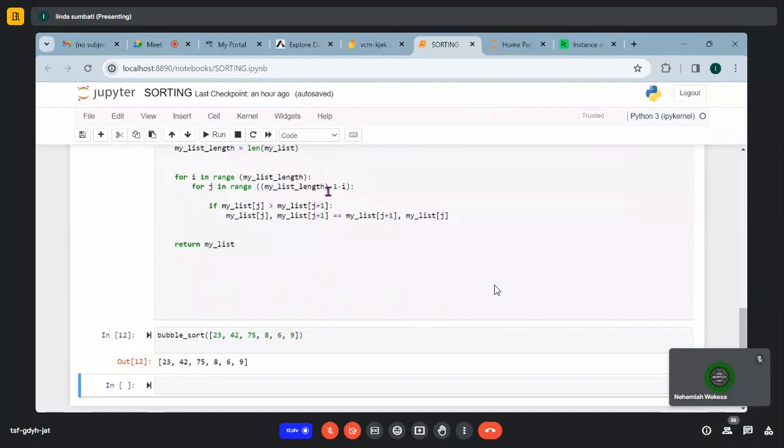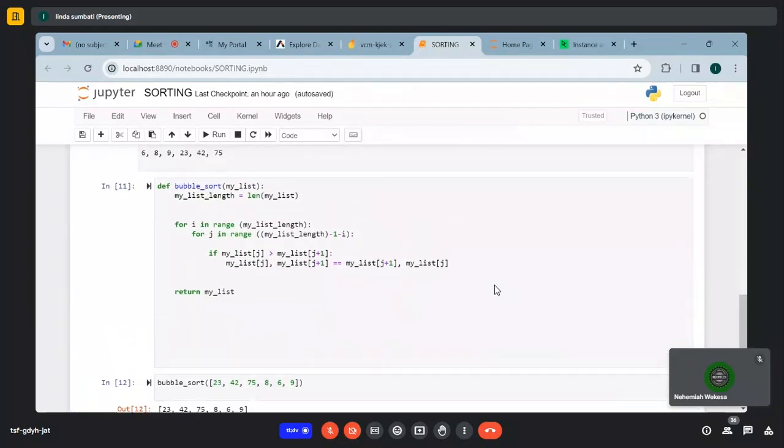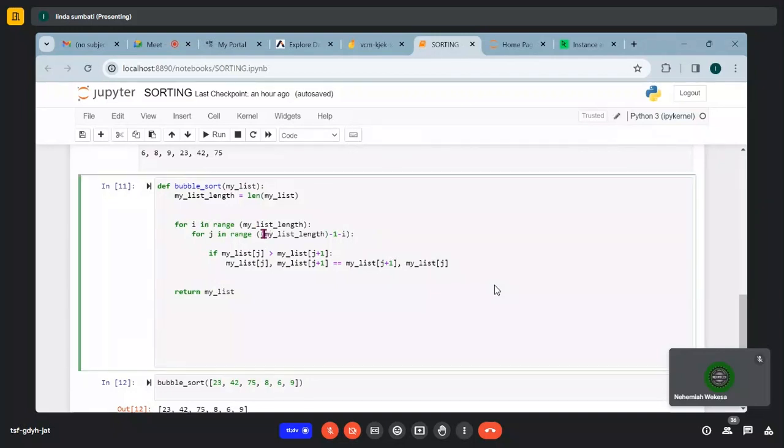Yes, maybe you're comparing the first one, maybe it's a 0, and then the second one is my list length minus 1 minus I. So you need a comma. You need maybe 0 comma, my list. Wait, so 0 here. Here. Like that.